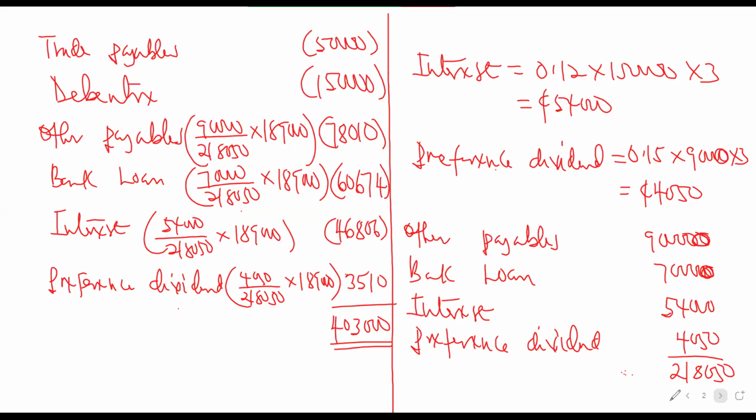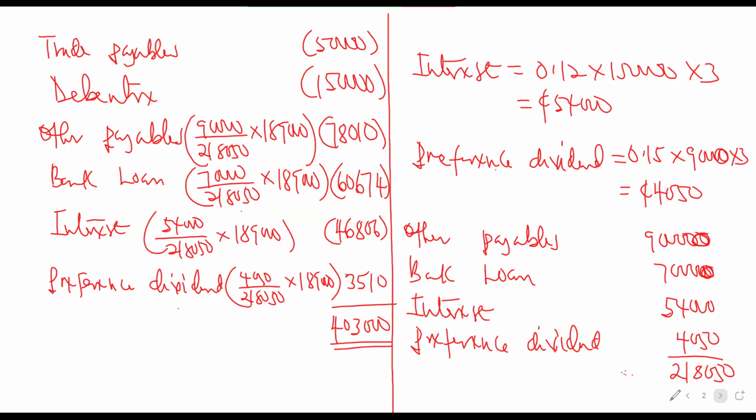70,000 against 60,674, 54,000 against 46,806. Then you also have the preference dividend of 35,110 if you are doing the liquidation and they are asking you to calculate the maximum loss from the liquidation. Other payables will not be taking a portion of the amount, which is 90,000 minus 78,010.